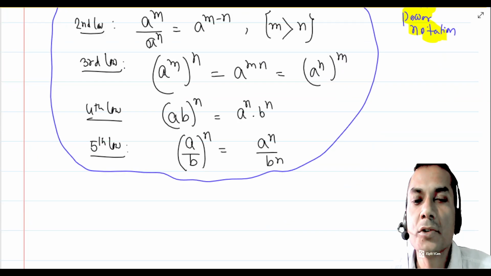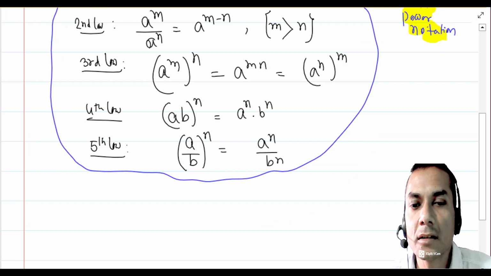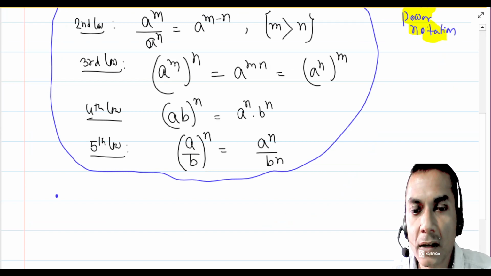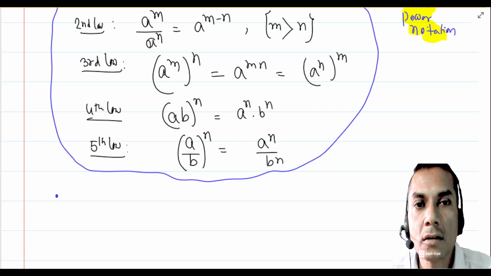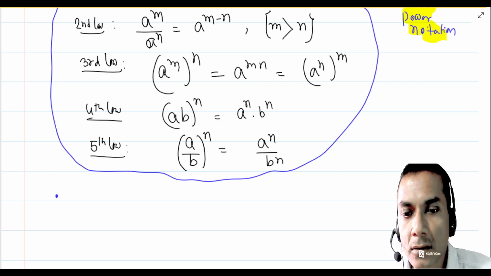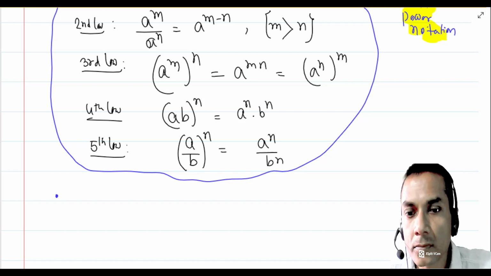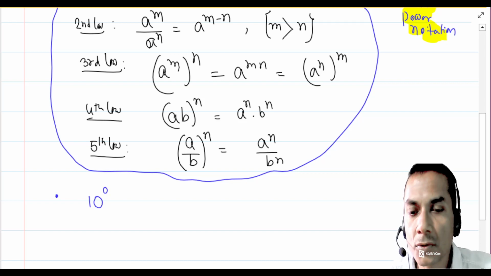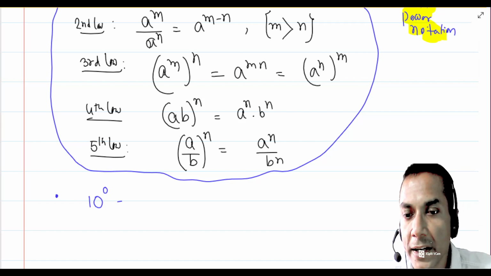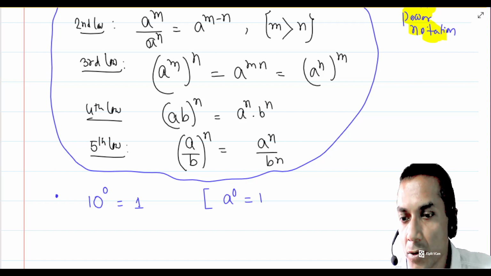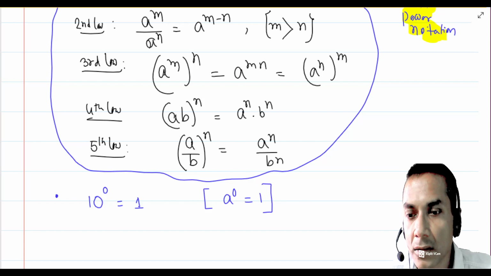Now you have to remember the small basic calculation for the exponents of the multiples of 10. For example, if the value is 10 and the power is given as 0, you know what value you will get? You get the value 1. It is applicable for any value. What does that mean? A to the power 0 is equal to 1. You must remember this. It is very, very important.